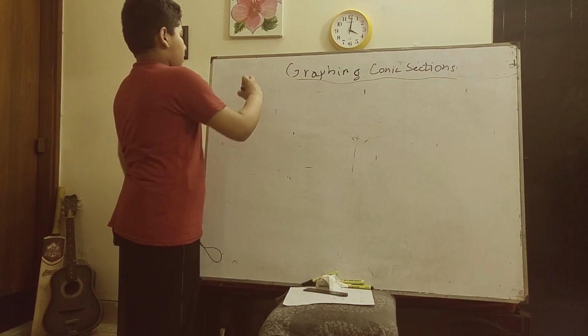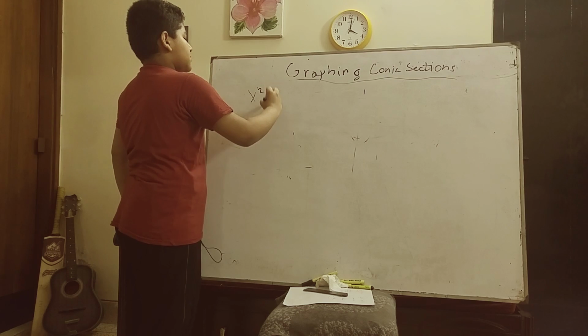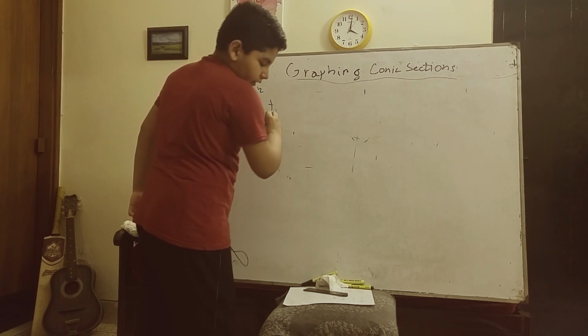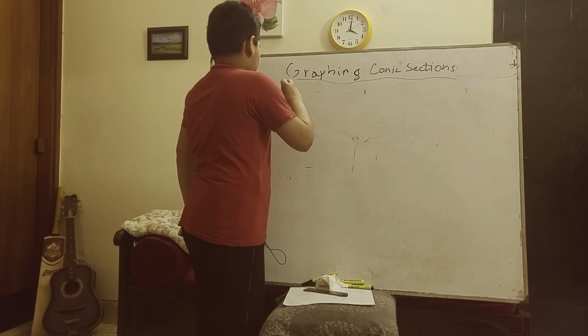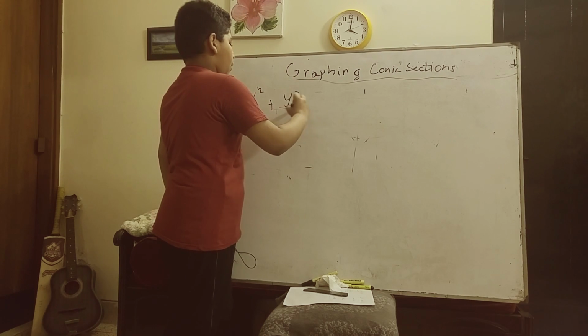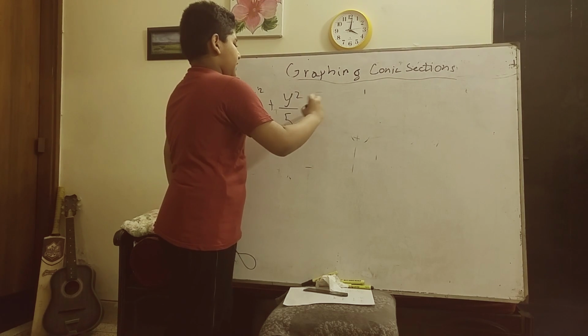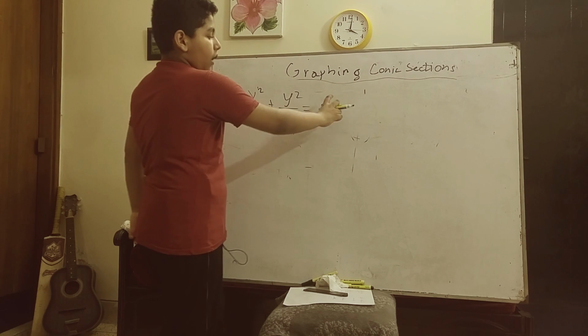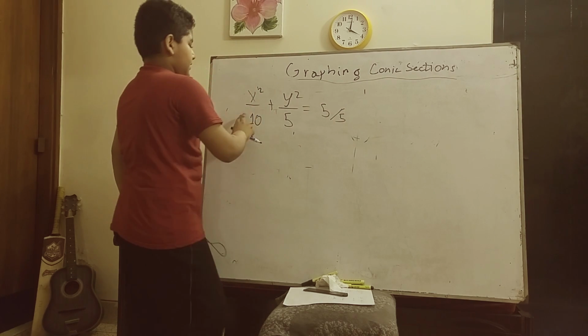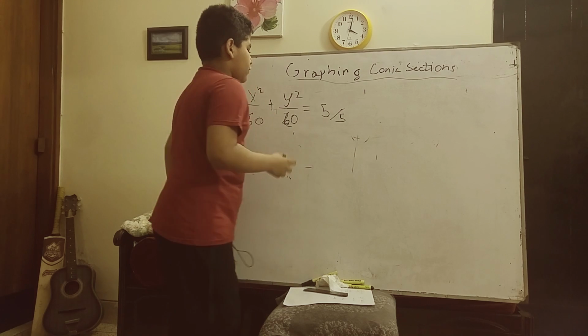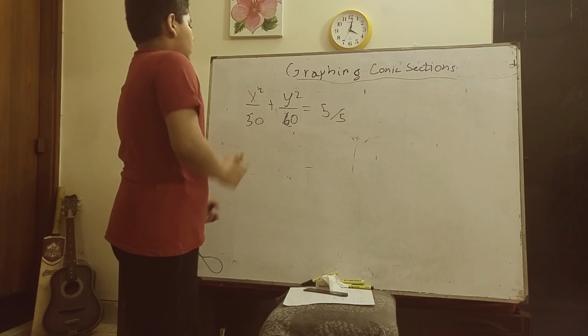Some equations are rather harder, like x squared over 10 plus y squared over 5 equals 5, but not 1. So we divide the entire equation by 5, and the denominators turn to 2 and 1.